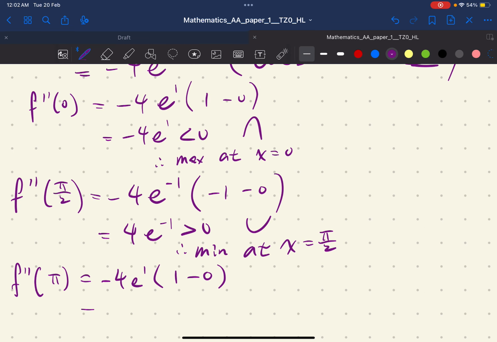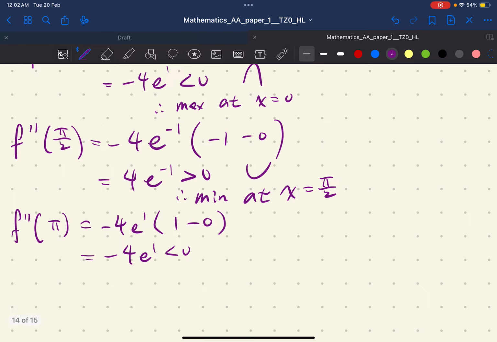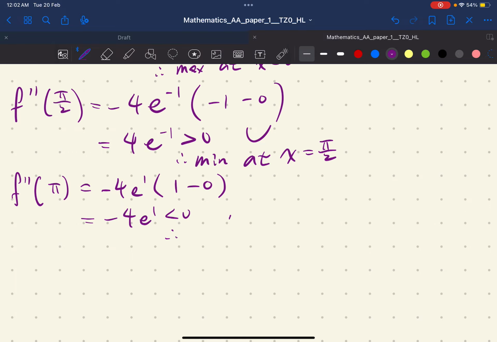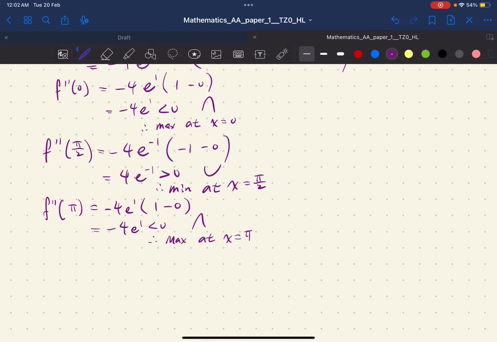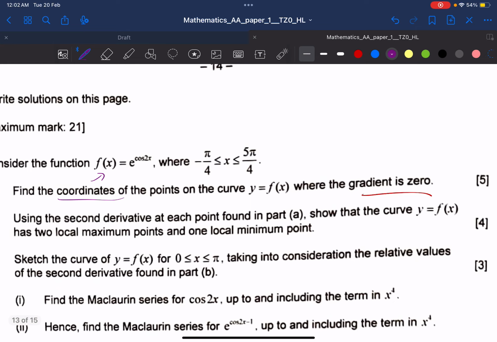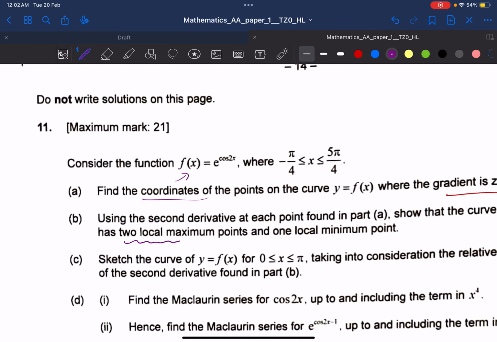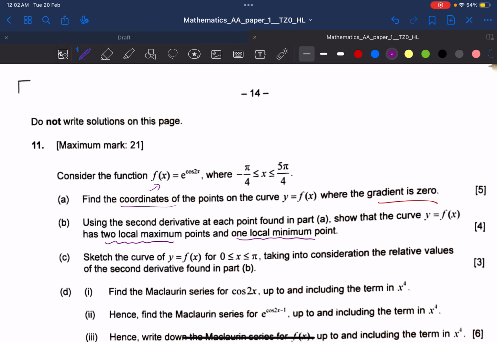So this is like -4e, which is smaller, not larger. Therefore, it's opening downward. So max at x equals pi. So we have 2 max and 1 min. Look at the question again: 2 max and 1 min. I hope that we are correct here. At least it's in line with their question requirement.